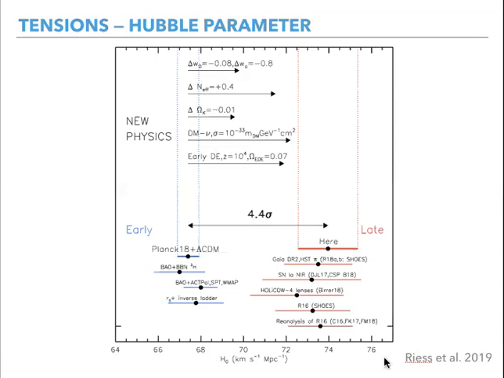And if we are considering, for example, dark matter interaction, early dark energy model, or we allow some additional relativistic particles, we can make up like 5 to 8% of the discrepancy on this Hubble parameter.